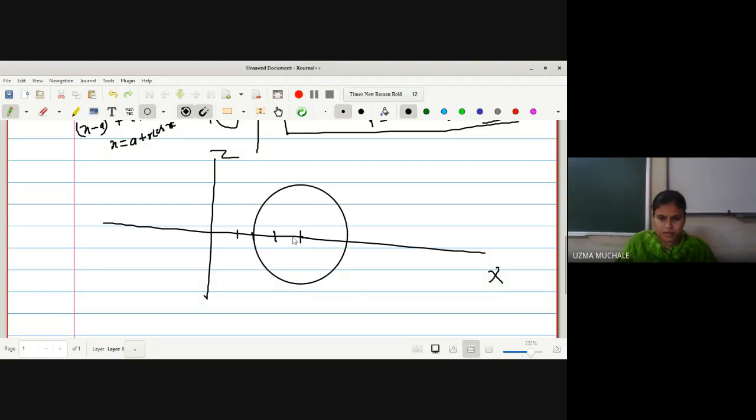Okay, so this is the center at (4, 0, 0), right, and radius is 2, correct, 2 units.